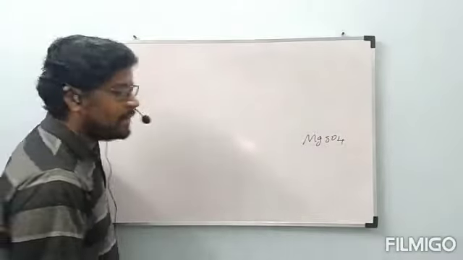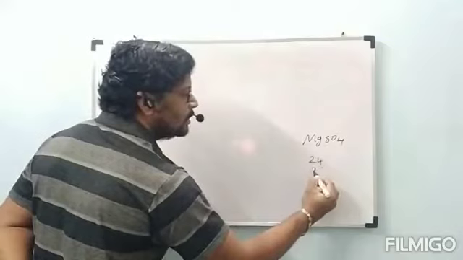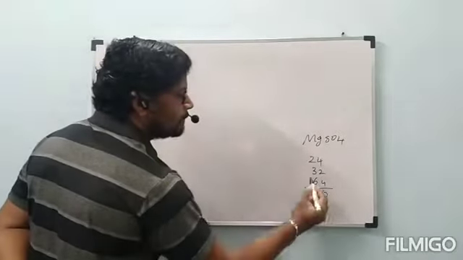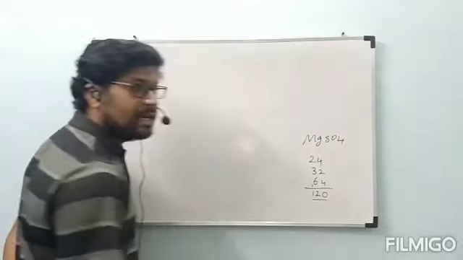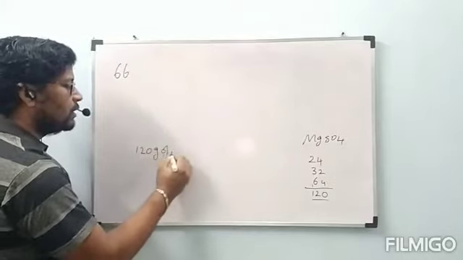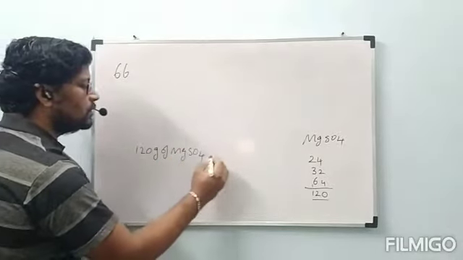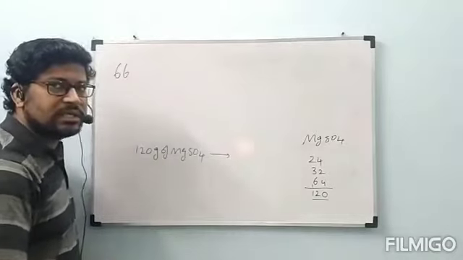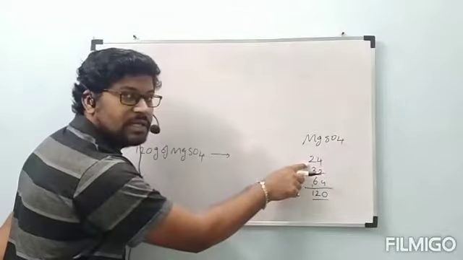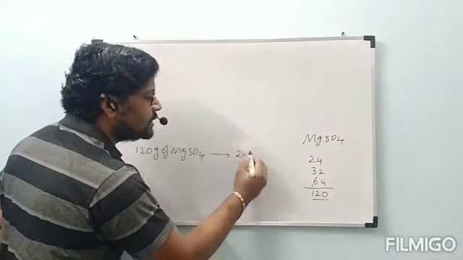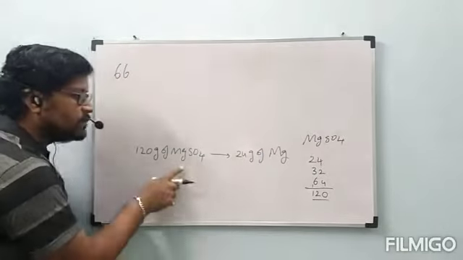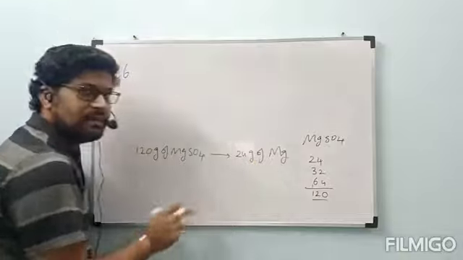What is the gram molecular weight? 24, 32, 64, that is 120 grams. 120 grams of MgSO4 contains, this question mark is nothing but contains, how much magnesium? 24 grams of magnesium. 120 grams of MgSO4 contains 24 grams of magnesium.